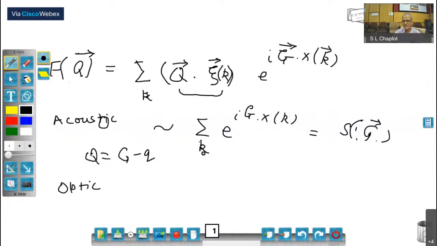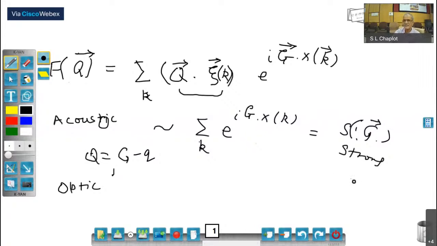So all the terms will not sum up like this, but you might have a change of sign here, which means that a very strong reflection for a G will not be very strong for the optic mode. So for the optic mode it's usually the other way: if you have a strong Bragg reflection, you get a good intensity for acoustic modes. However, for optic modes, you get good intensity at points where the Bragg reflections are not very strong.